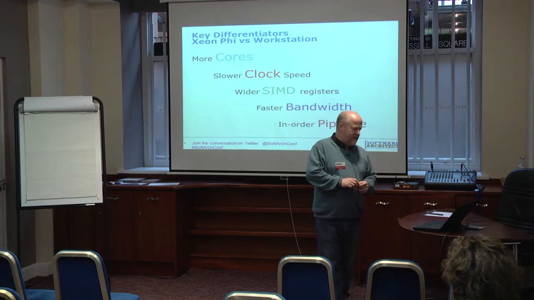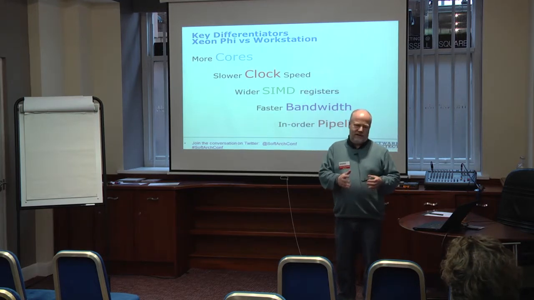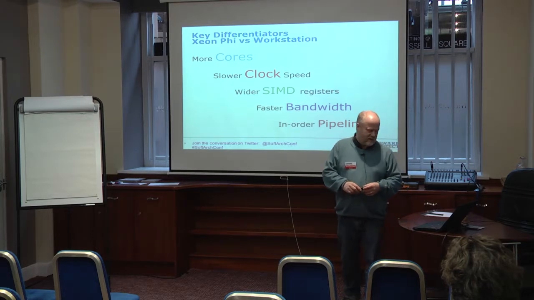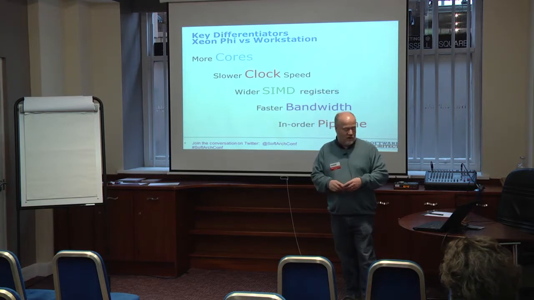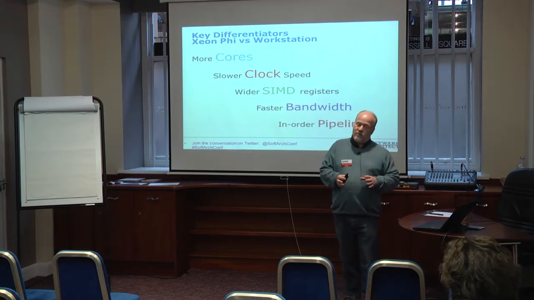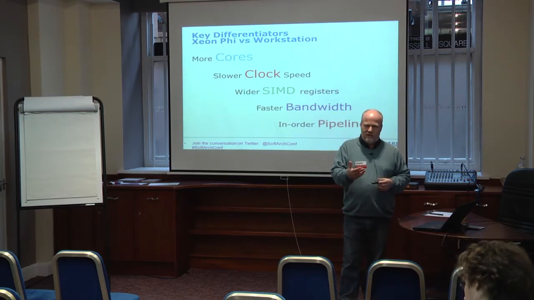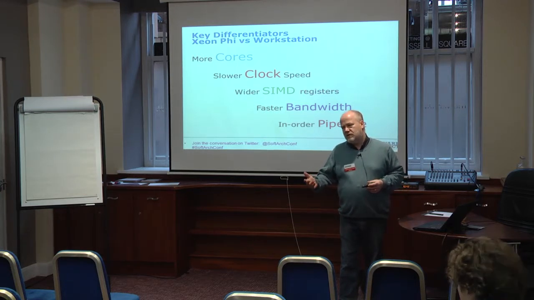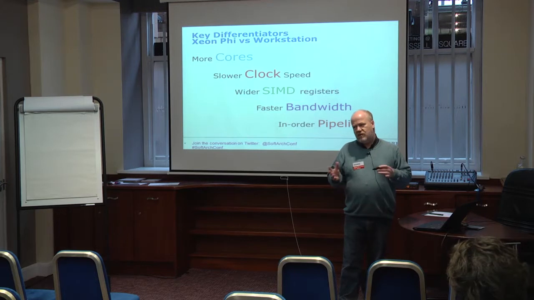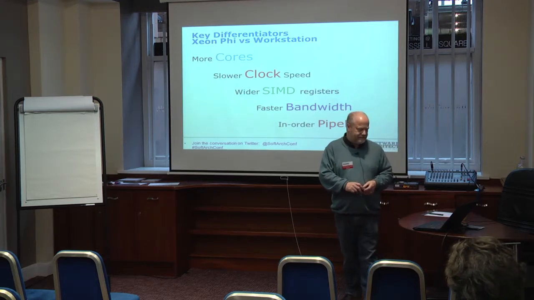So what are the key differences between the Xeon Phi and what you might find in your server or PC? Well, first of all, there are more cores. As you've seen already, there are 61 cores. However, the clock speed is slower. On a coprocessor, the clock speed is about 1 gig, whereas the clock speed on your server might be 2.6 gig or even just over 3 gig. So you can see there's a factor of between 2.5 and 3 difference in speed.